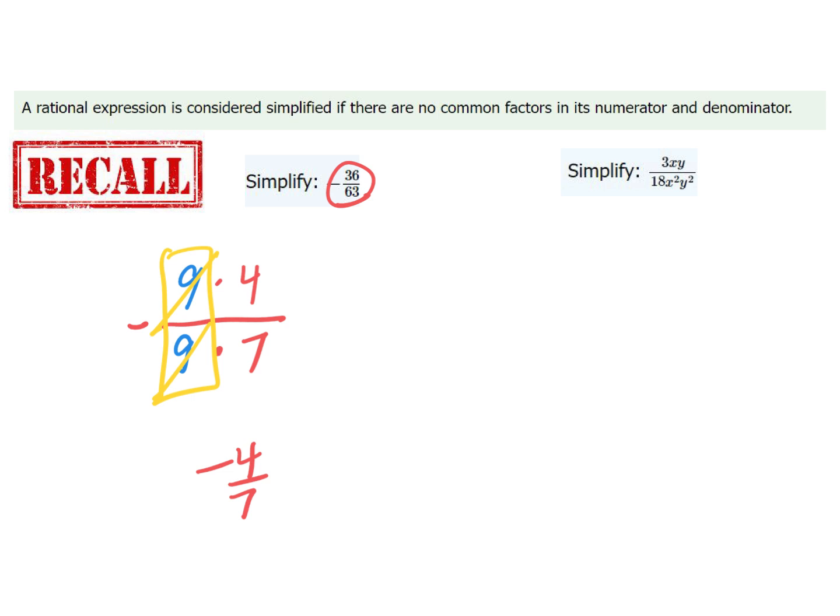The whole idea of how we simplify today with our rational expressions is going to be based on this very same concept, the same concept we used when we talked about simplifying algebraic expressions. If we look at 3xy divided by, if we take 18, 18 can be written as 3 times 6.